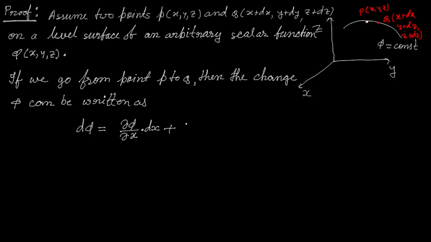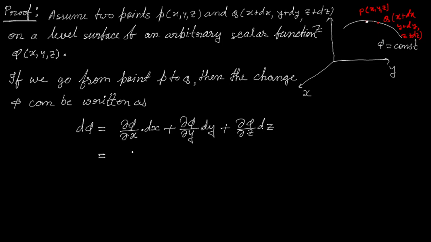In the same way, plus del phi by del y, the rate of change of phi with respect to y, into dy, and the same way with z, del phi by del z, the rate of change of phi with respect to z, into dz.